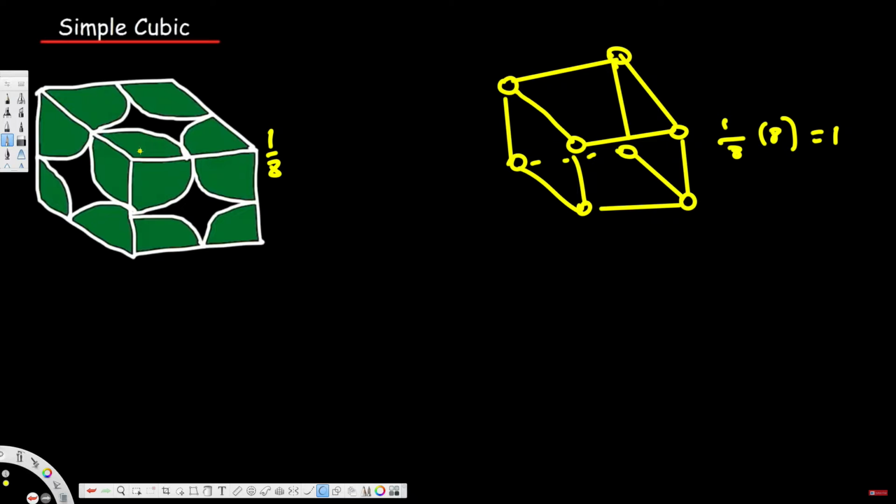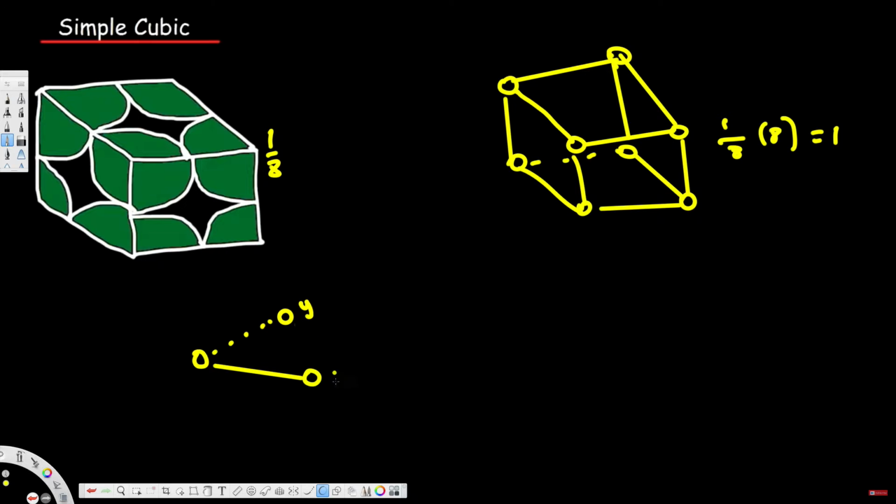And the coordination number for a simple cubic structure is equal to 6. The reason behind that is, if we pick one atom, it has one atom around it in the y-axis and one in the x-axis.